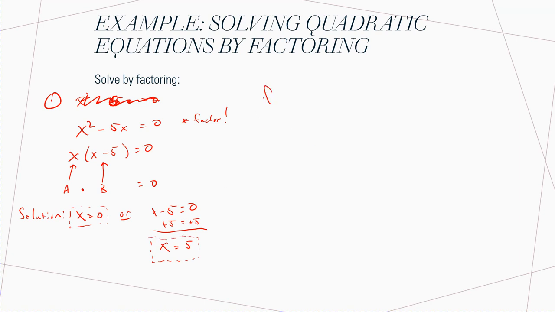So for my equation, x squared minus 5x is equal to 0, the solution is that x is equal to 0 or x is equal to 5. What I'm saying here is both of these values will solve this equation. Let's check to verify that. To check, you're going to plug this in.